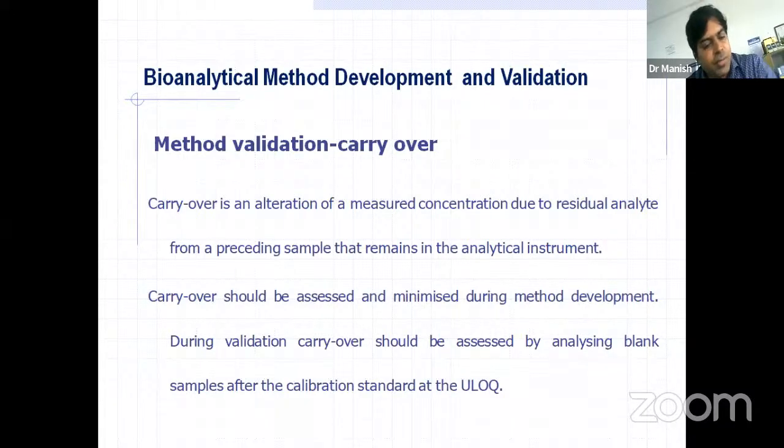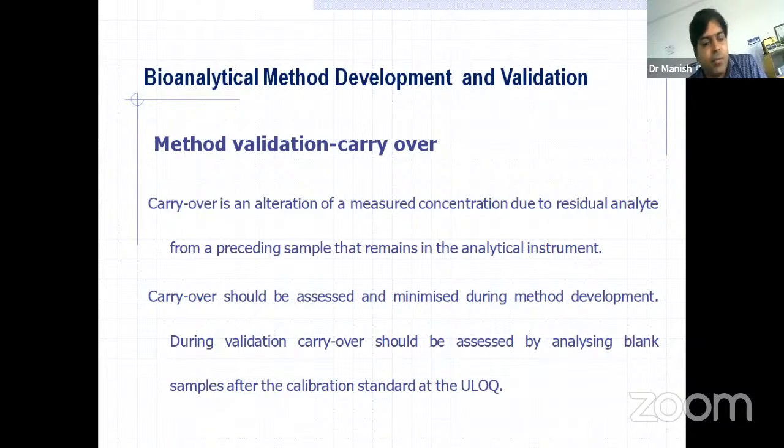So this method is very, very simple. Here what you're going to do is, whenever you have finished the calibration standards, immediately we need to inject a blank sample to prevent any carryover from the standard which has been in the instrument, as that may interfere with your peak area.